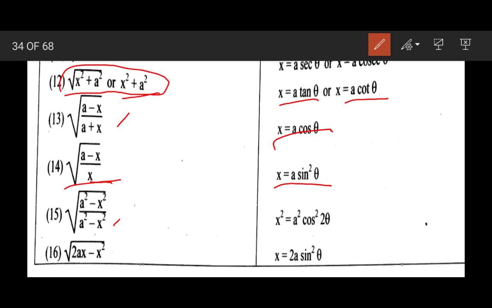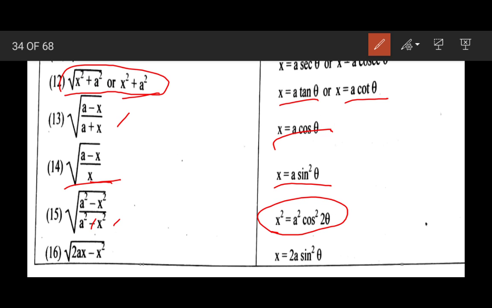If the integrand is in the form of under root of a square minus x square upon a square plus x square, where the numerator is minus and the denominator is plus, in that case we will substitute x square as a square cos 2 theta.